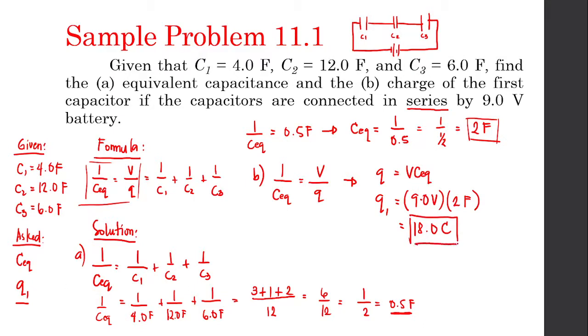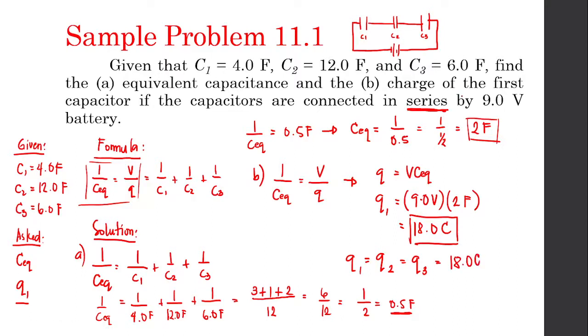And why is this important? After you measure this, remember we just discussed that for multiple capacitors in a series, all the values of Q are equal, which means Q1 is equal to 18 coulombs, which means that Q2 is equal to Q1 and Q2 is also equal to Q3, which means all these three capacitors have a charge of 18 coulombs.